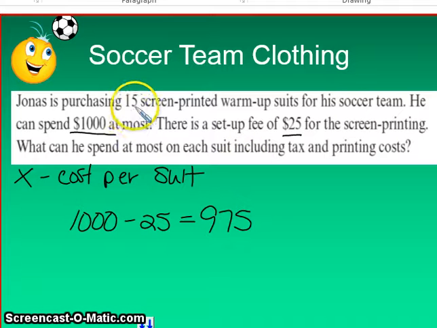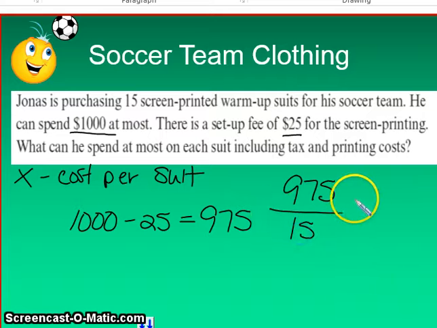Now, we know that he wants to create 15 warm-up suits. So if he's got $975 to spend, and he wants to buy 15 suits, we're going to divide that by how many suits he wants, 975 divided by 15, to figure out X, his cost per suit. And when we do that, 975 divided by 15, we get $65.